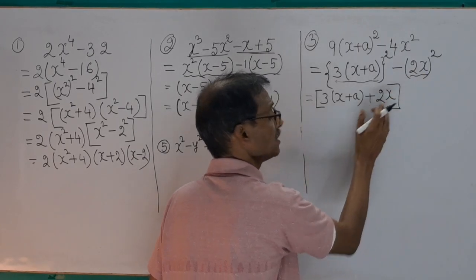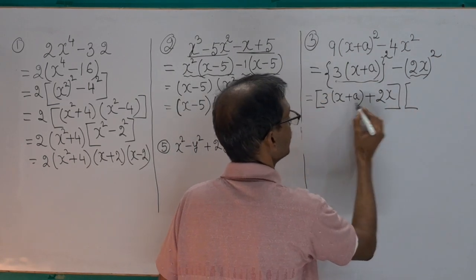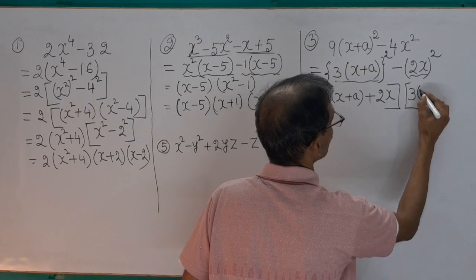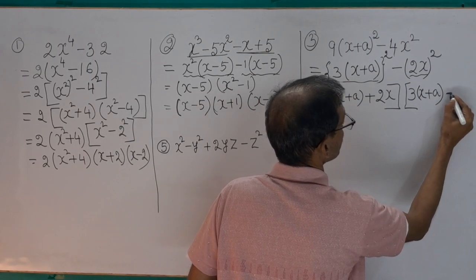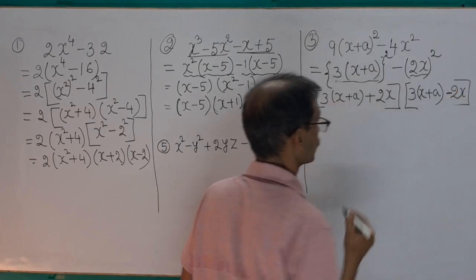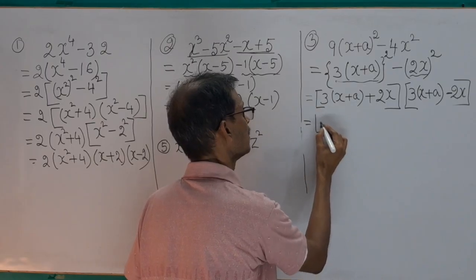So a plus b is complete. Now into a minus b again, 3 into x plus a, and then minus b, 2x, bracket closed. Now you can simplify this.